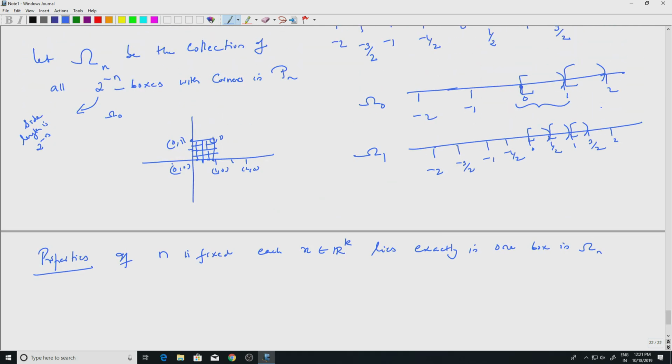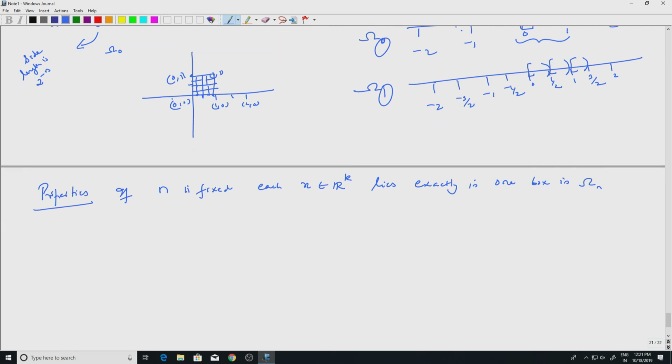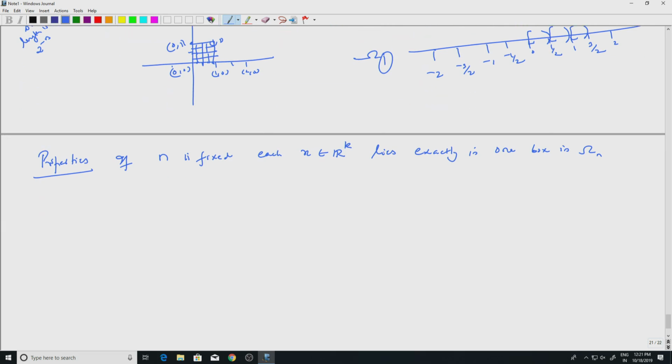First time you have a partition. If you fix n equal to 0, any point will be in one of the intervals. Similarly, if you fix 1, then any point will be in just one interval, because these are all partitions. Each time you are dividing the earlier intervals by half. In R2 you are dividing each square into 4 squares, in R3 you will be dividing into 8 cubes and so on. So, in Rk you will divide each box into 2 to the k boxes to go to the next level. Each time it is a partition of this whole space, and so any point will lie in exactly one box. Okay. So, that is one.